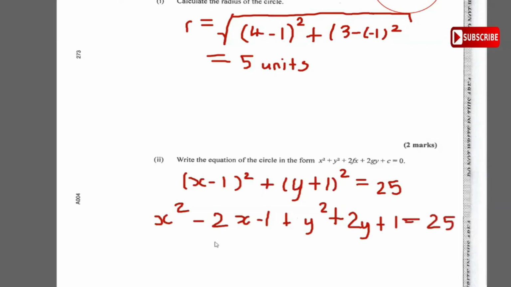Now we can put it in the form that it should be in by writing it as x squared plus y squared, and then minus 2x plus 2y. It should be plus 1.